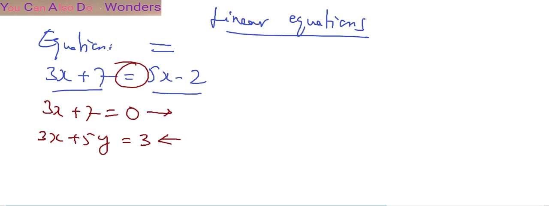Let's say, suppose we ask a student what his age is. Let's say his age is 13. So instead of saying my age is 13, suppose he says my age will be 18 after 5 years.